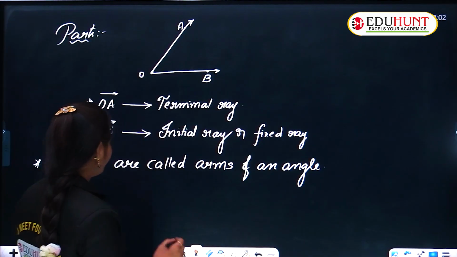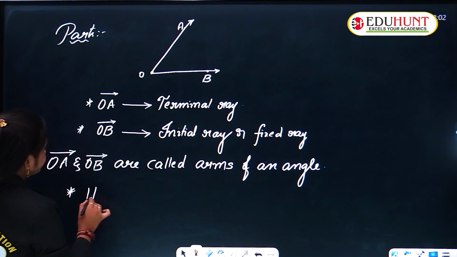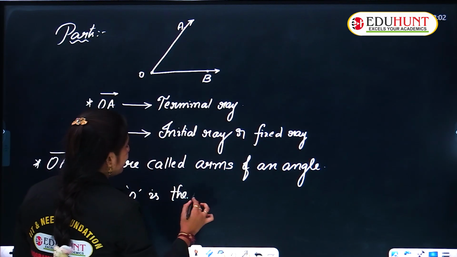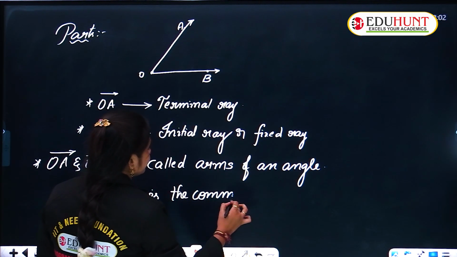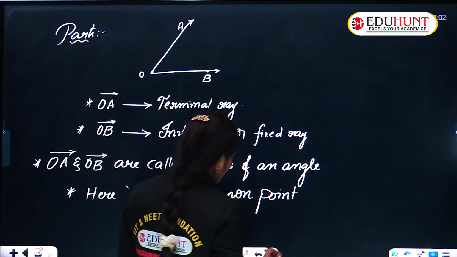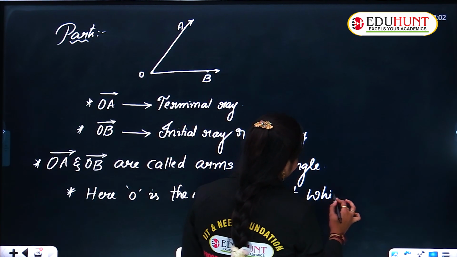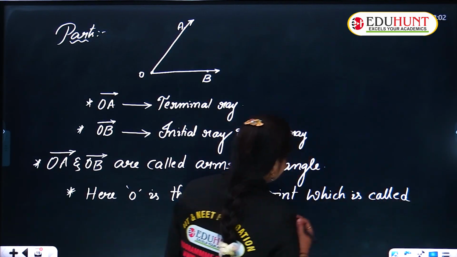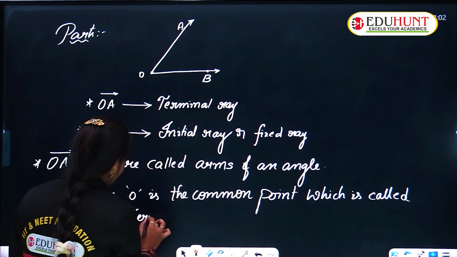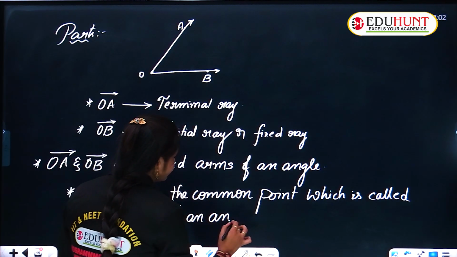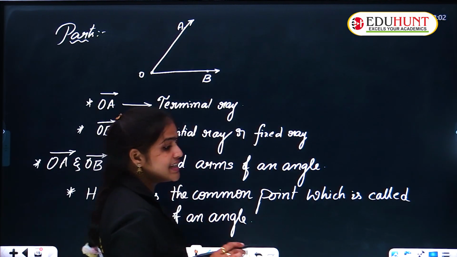That is O. O is the fixed point. O is the common point, which is called the vertex of an angle. Understood? These are the parts of the angle.